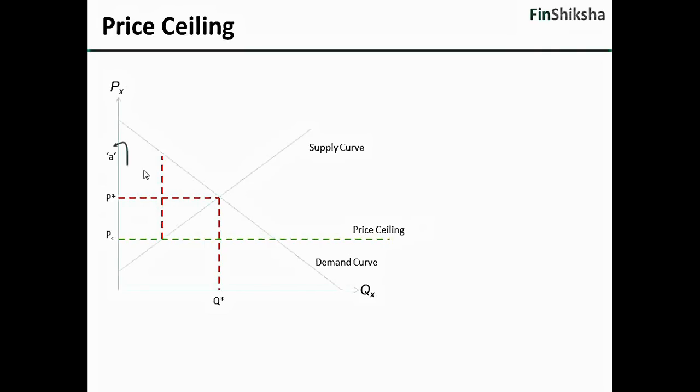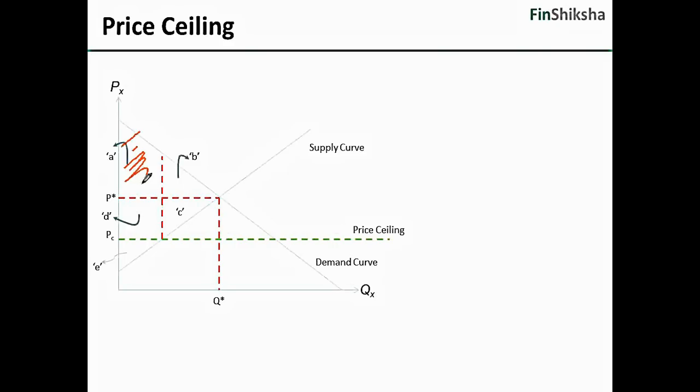Let's name this small area as A, this triangle as B, then you have C, D and E. When you begin, A plus B plus C plus D plus E is the entire surplus. A plus B is the consumer surplus. So what part is the consumer surplus?